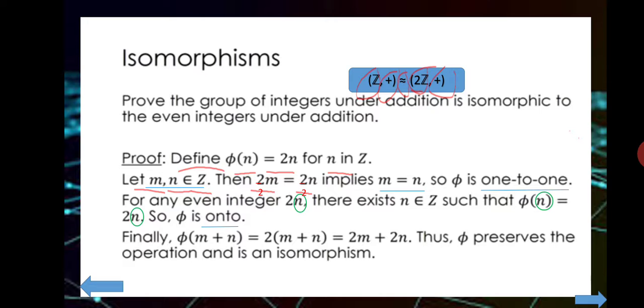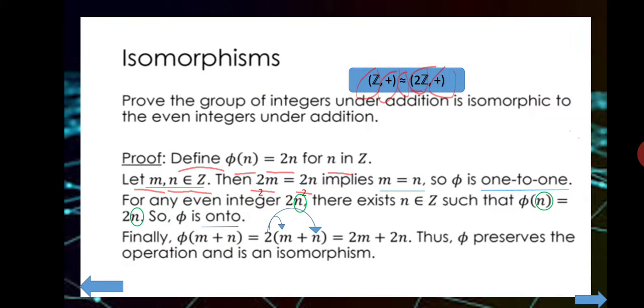And then the last step, finally, we have phi of m plus n is equal to 2 times m plus n.